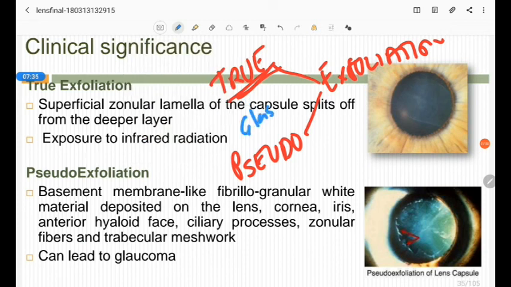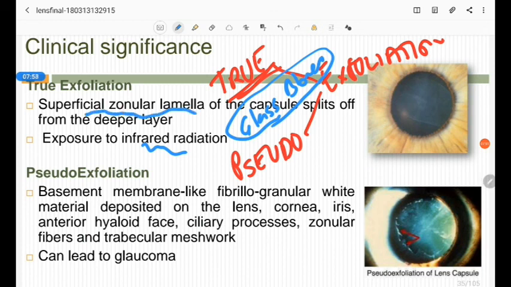In glass blowers who work in high temperature producing factories with infrared radiations. So these can cause melting or peeling off of the anterior or the posterior capsule. And it is the superficial zonular lamellae of the capsule that splits off and peels off.